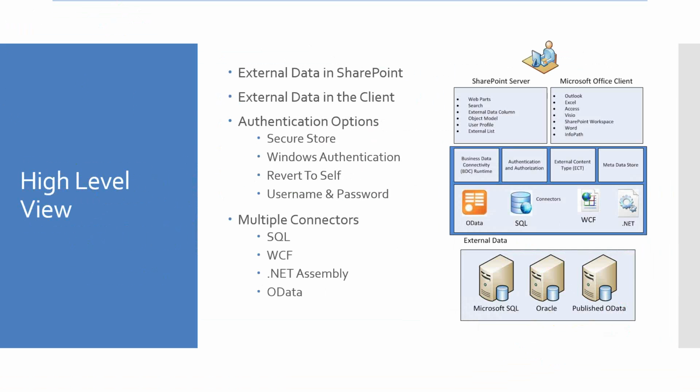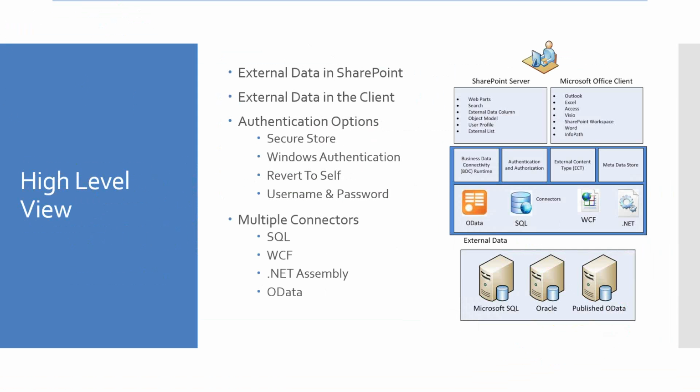So that's what it does. It provides us with connectors to the external data and then allows us to bring it into SharePoint. The whole thing that makes that work is the Business Data Connectivity runtime, and we basically model the data that we're going to be connecting to using something called an external content type. So the external content type is basically describing the data that we're going to connect to. So it has some strongly typed properties.